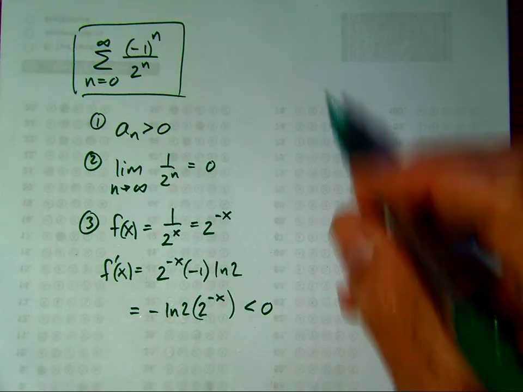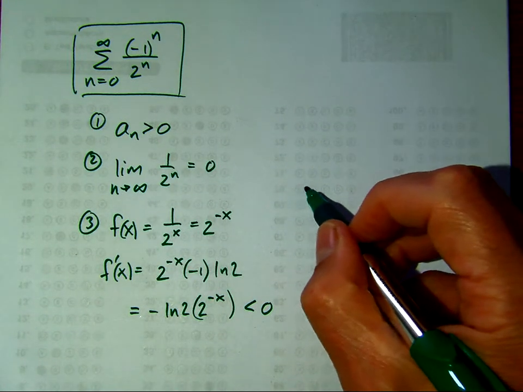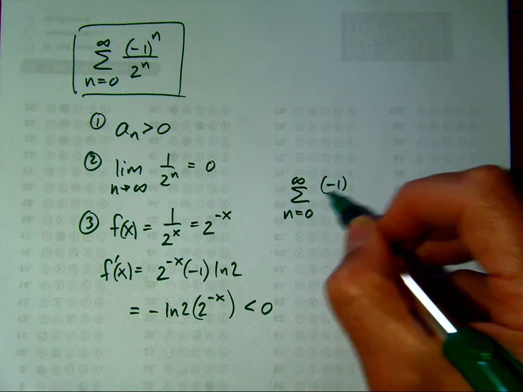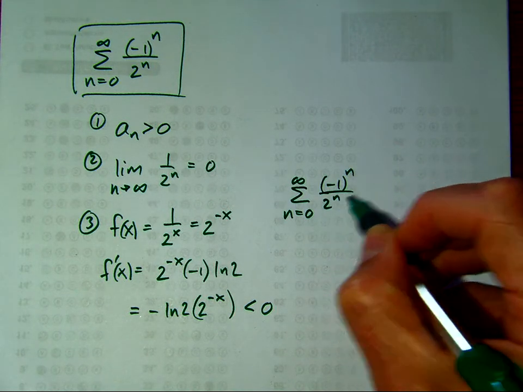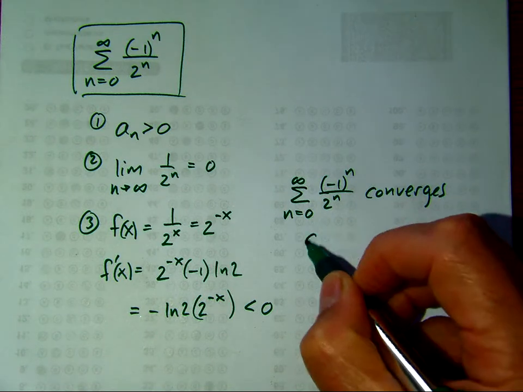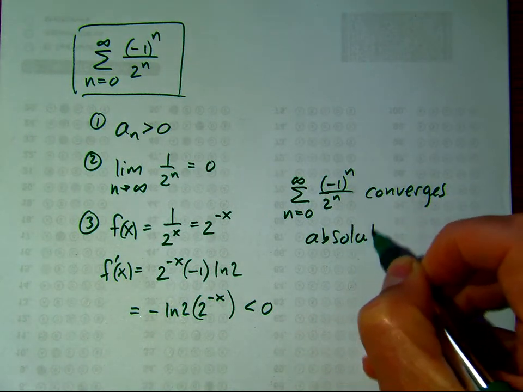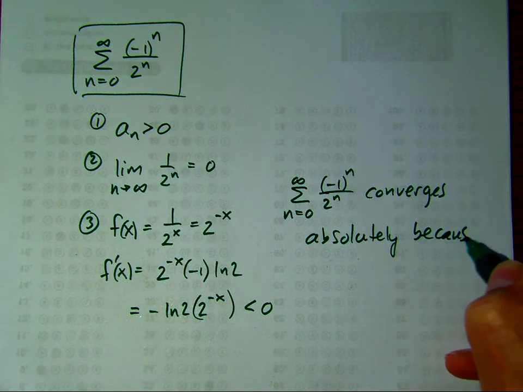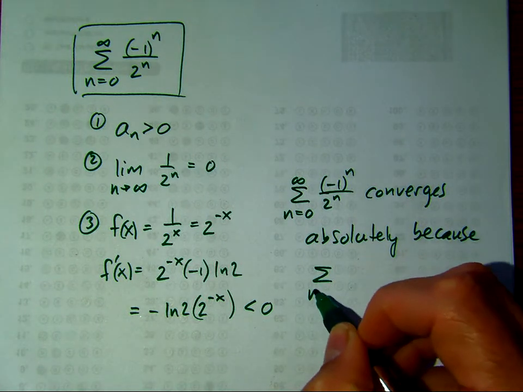And we can say that this series converges absolutely because without alternating, it also converges.